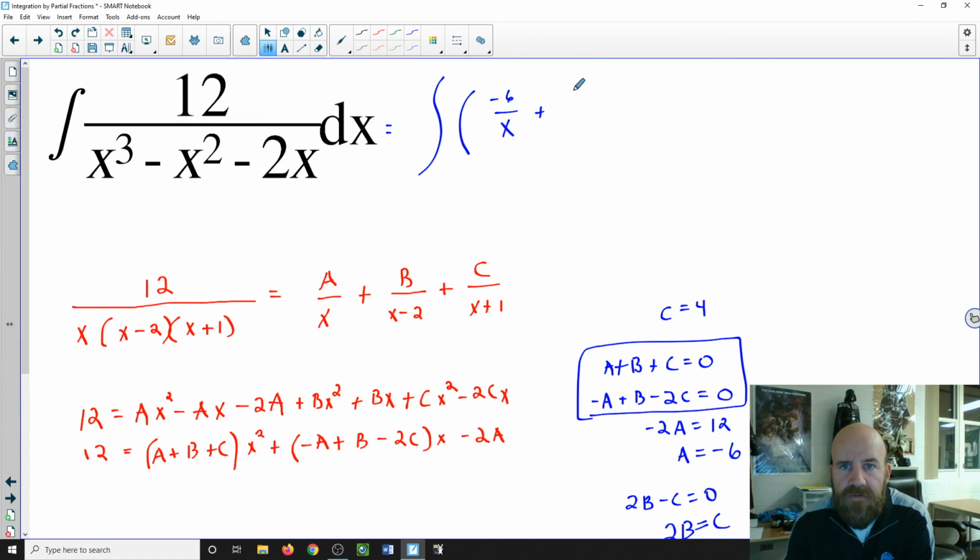So b is 2 over x minus 2, and c was 4 all over x plus 1. Now we can go ahead and integrate these separately, and we're going to use natural log on these, just like we have done in the past couple examples.